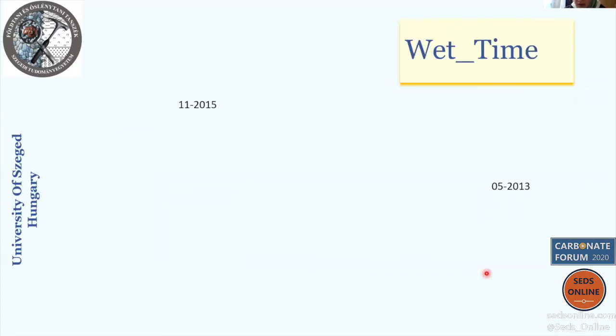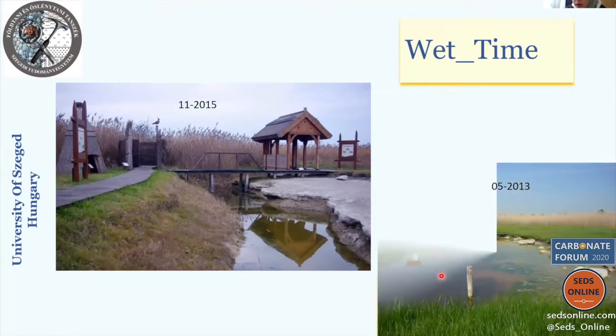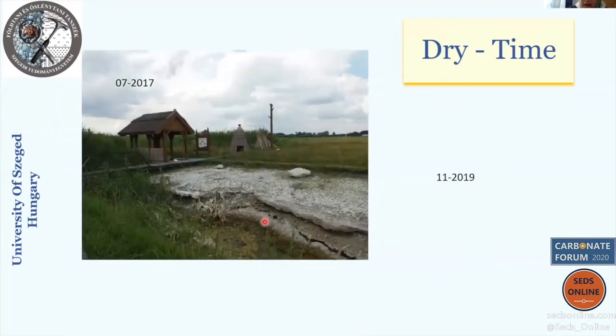Related to this description, the study area in the wet time fills with water, and during the dry time it is very dry, and after evaporation the salt precipitates over the area.